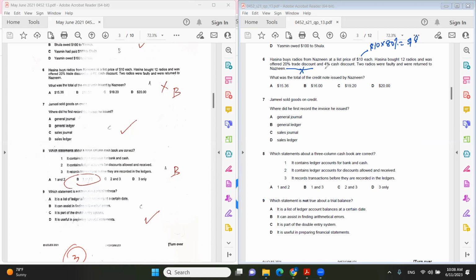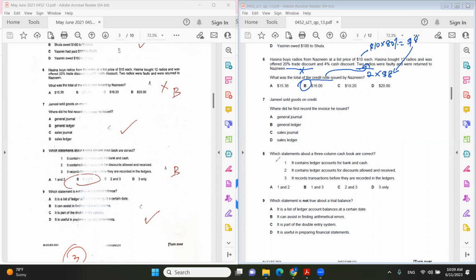Cash discount is when you make payment. Two radios were returned to Nazim. What was the total of the credit notes? A credit note records these 2 units, so we take 2 units times the $8 net amount, and we get 16. So the answer should be 16.